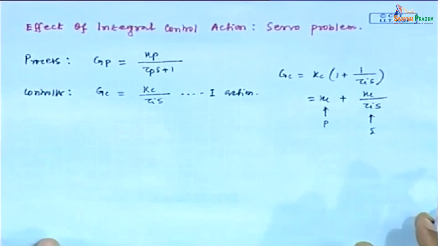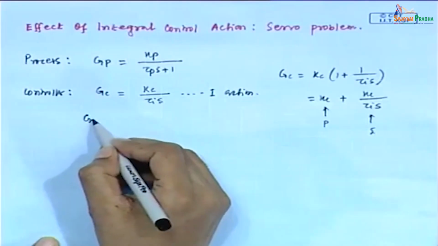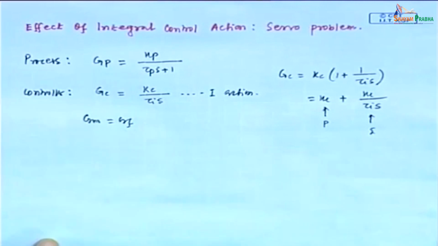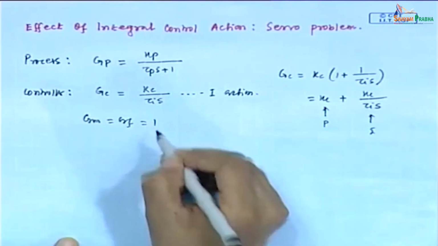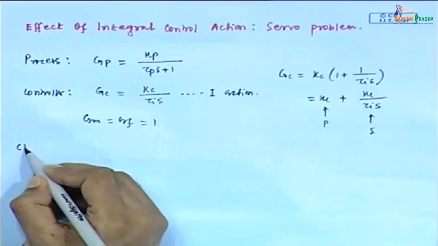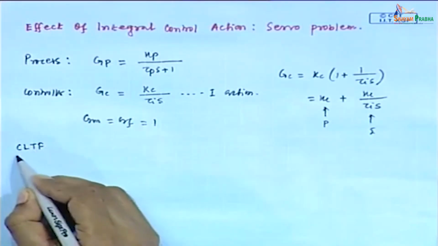For simplicity, we will consider the transfer functions of the measuring device and the final control element both to be unity, that means Gm and Gf equal to 1. Now, we will develop the closed loop transfer function by substituting all these individual transfer functions. In the next, we will develop the closed loop transfer function.